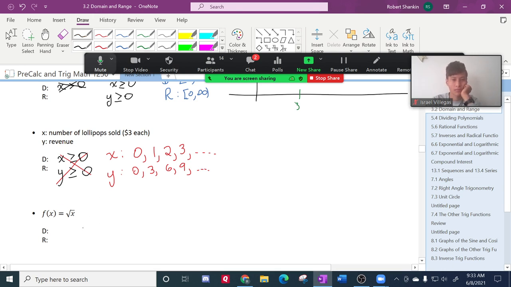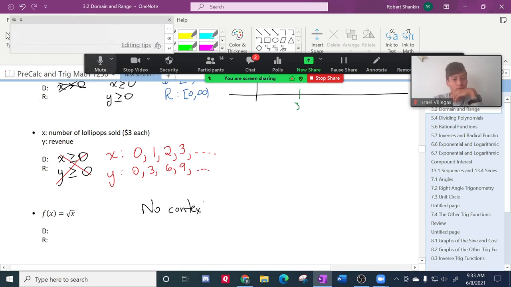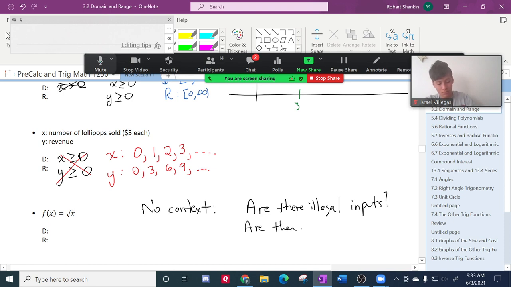When there's no context, for domain and range, the only thing you're going to look for is, are there illegal values, inputs or outputs? Are there illegal inputs? And are there outputs that will never show up?